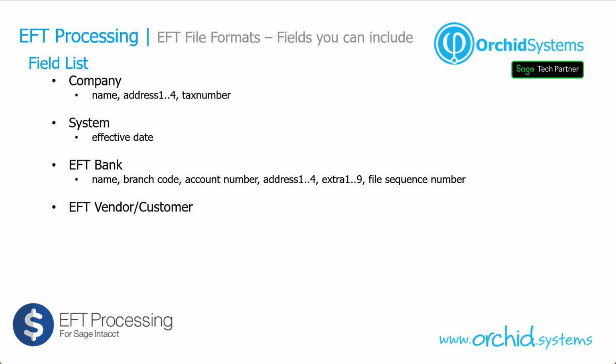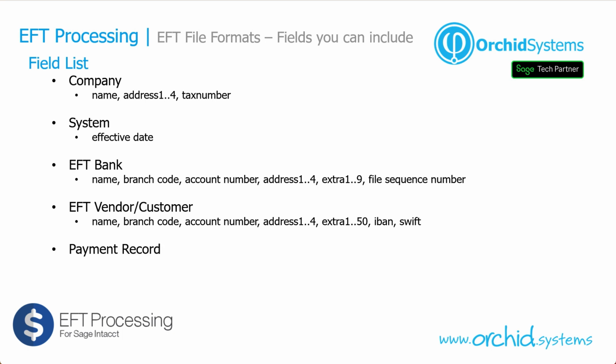On the EFT vendor or customers records, we've got the name, the branch code, the account number, the addresses 1 to 4, postcode, etc. And we've also got an extra 50 fields, so extra 1 to extra 50. And for international payments, we've got the IBAN and SWIFT numbers.